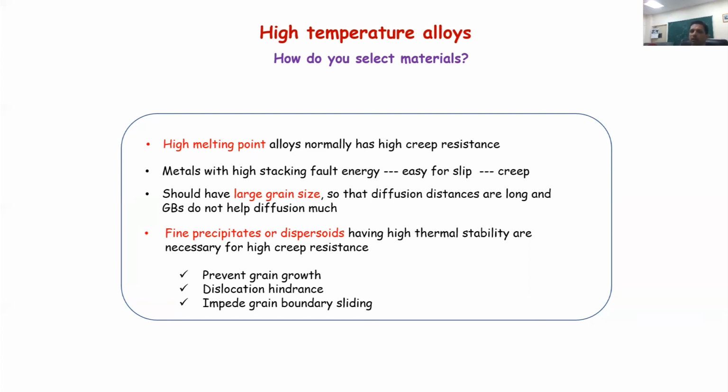And each of these would mean a better creep resistant material. So what we want is a material which can have fine precipitates or dispersed solids, and which should be thermally stable, meaning it should not get solutionized at high temperatures. So these are some of the important aspects that we should look at while we are selecting a high temperature alloy.